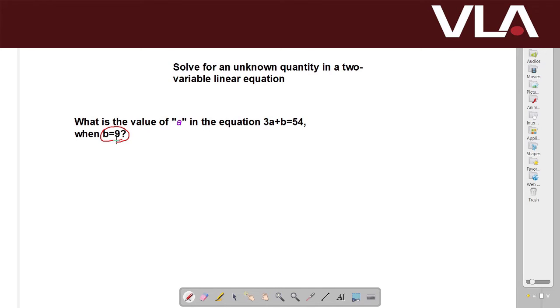So in this case we're given what b equals. B equals 9. So I'm going to start recopying the equation. And instead of writing b here, I'm going to put a parenthesis, because that's where I'm going to substitute that amount. And what is that amount? That amount is 9.